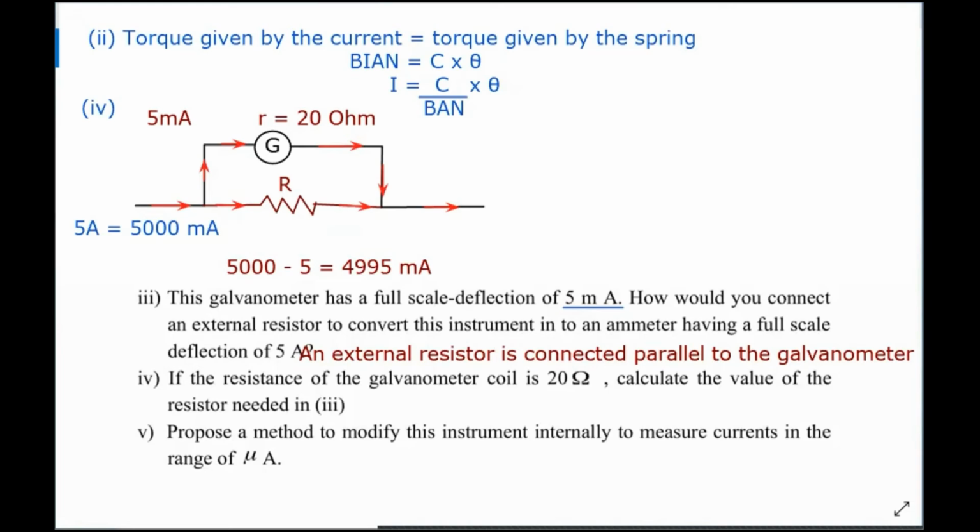Let me mark this current as I1, I1 is 5 milliampere, and let me mark this current as I2, that is 4995 milliampere, and this is I. Keep it like this. Good.